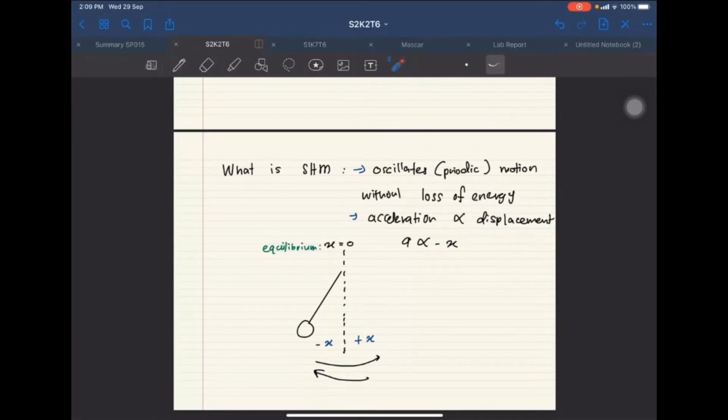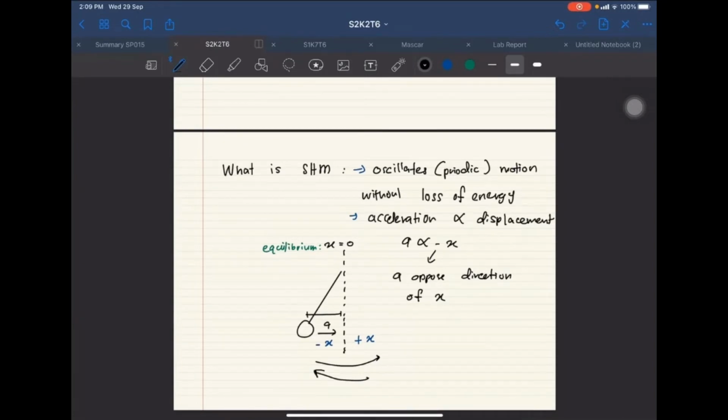Okay, what does negative mean in terms of acceleration here? It means that the acceleration will always oppose the direction of displacement. For example, if the displacement is on the left hand side, it is negative x, but the acceleration will always try to pull it towards the center.